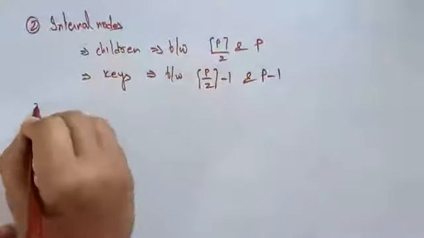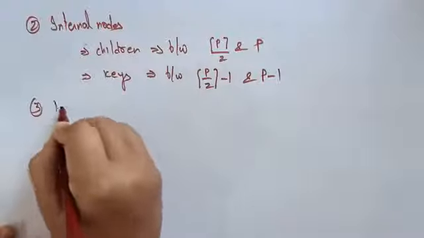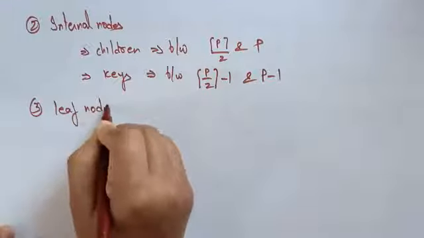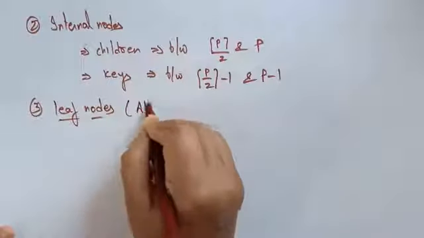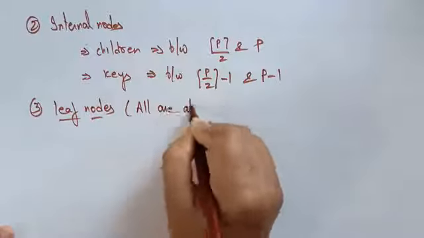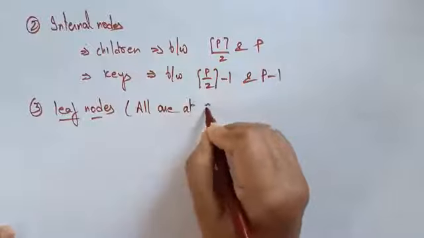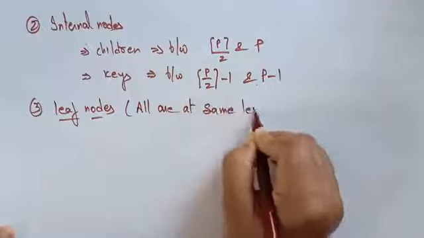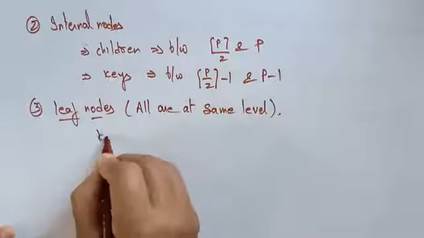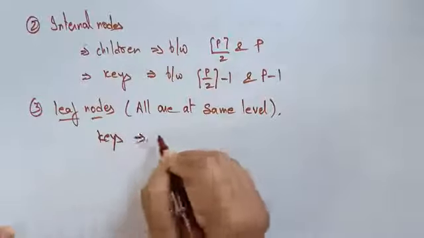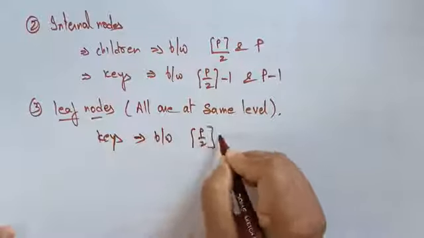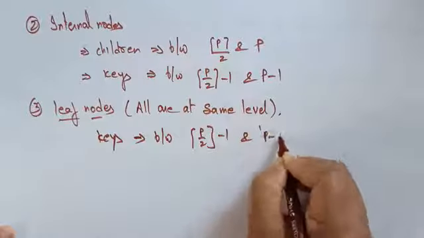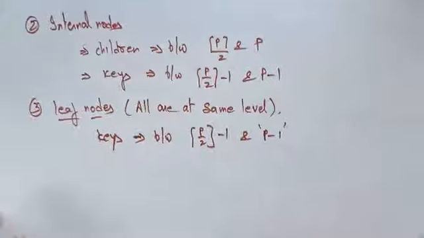Next, the properties of the leaf nodes. The leaf node condition is that all are at the same level. The keys in the leaf nodes are between ceil of P by 2 minus 1 and P minus 1.